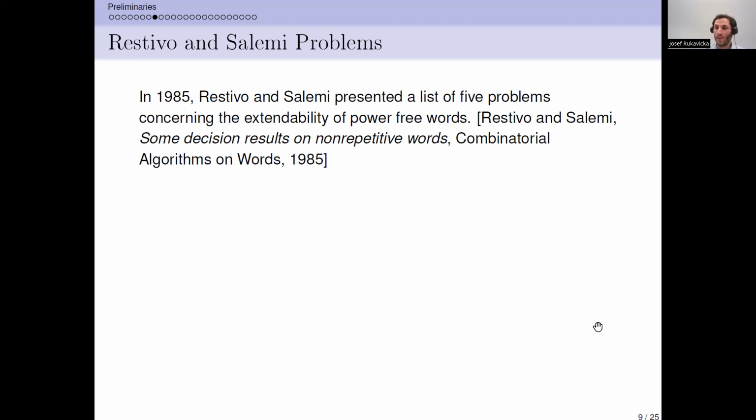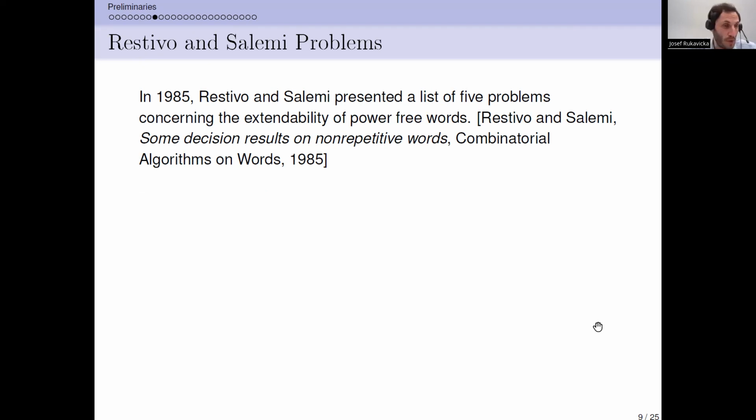Now we are coming to the open problems that I tried to solve, and I solved partially. Even if the concept of power-free words is quite old, there are still some long-standing open questions.